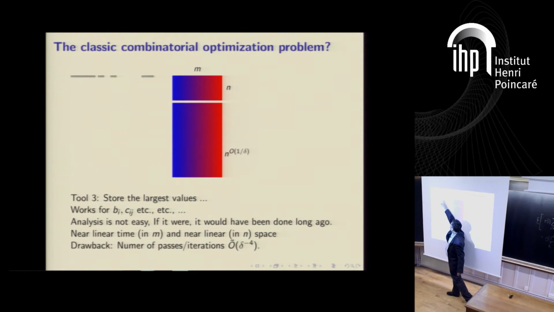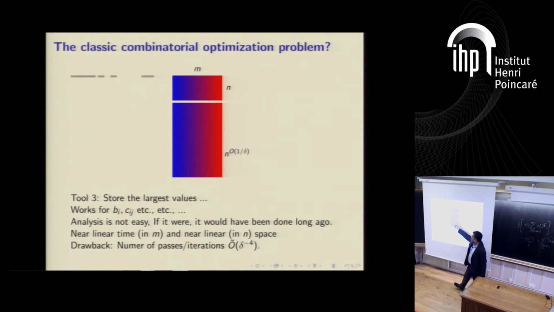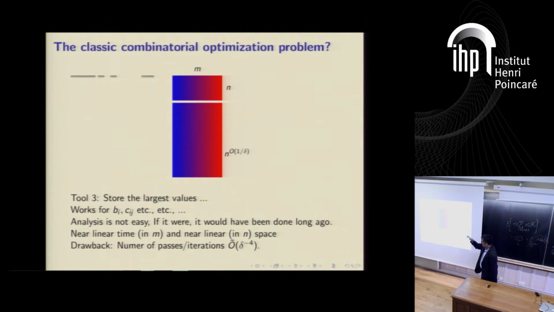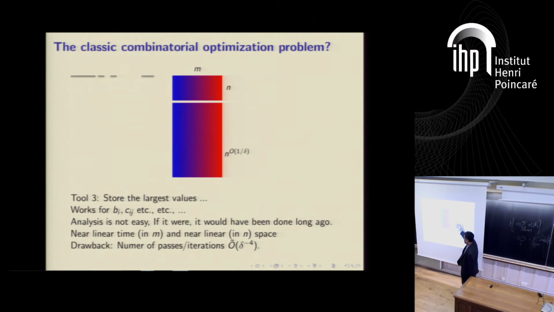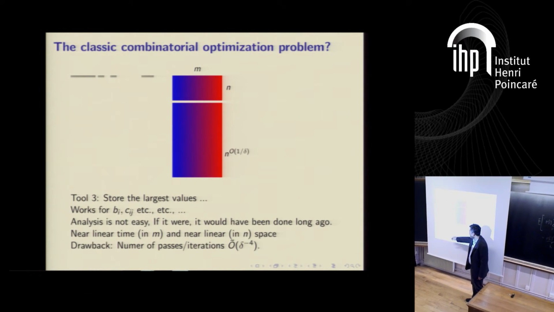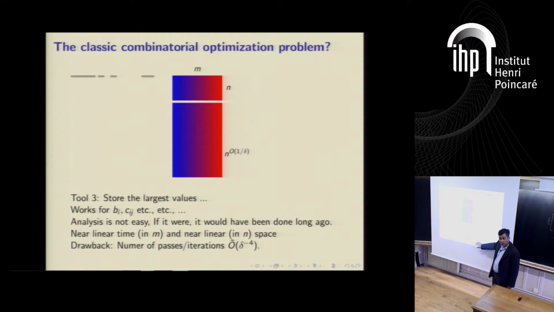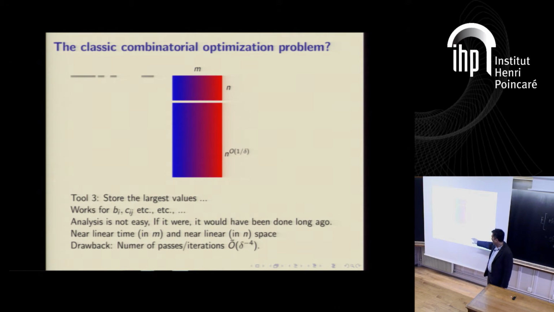You kind of maintain the weights on the large odd sets. These are the densest odd sets. If you remember the traditional algorithm, these would be your blossoms. You're choosing a set of blossoms. And you basically, again, get a solution of non-bipartite matching with capacities, and the running time is linear in M, and the space is almost linear in N. And this is probably, as far as I know, one of the first algorithms which are strongly polynomial in b_i and c_ij.